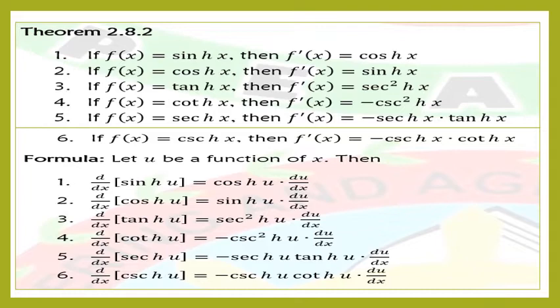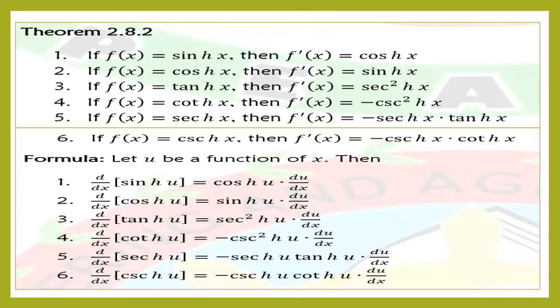And then, hyperbolic cotangent of x naman, ang derivative niya is negative hyperbolic cosecant squared of x. And then, secant naman, ang derivative niya sa hyperbolic function is negative secant h of x times the tangent h of x. Okay.